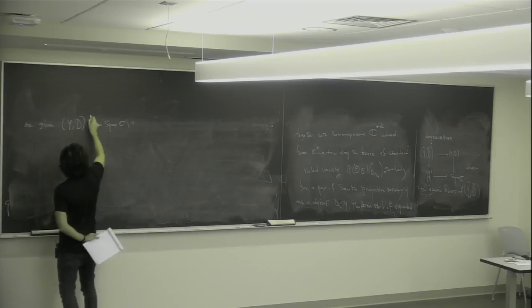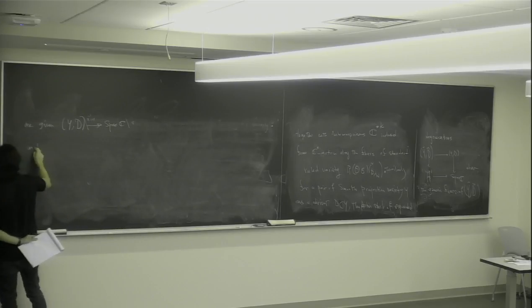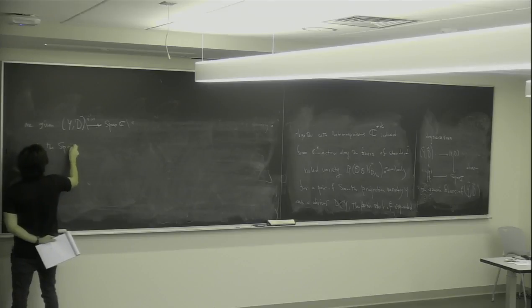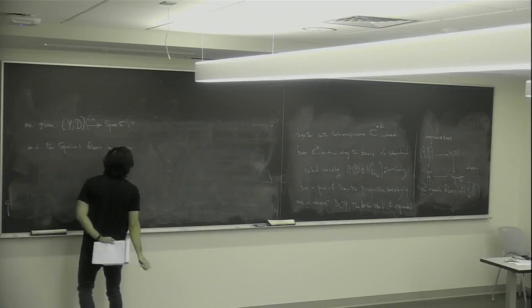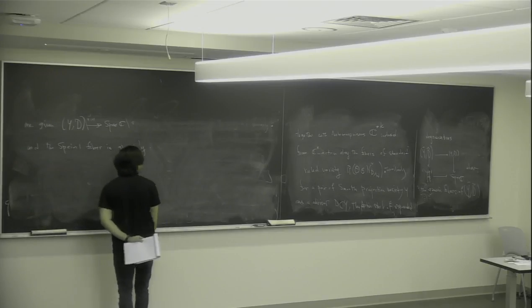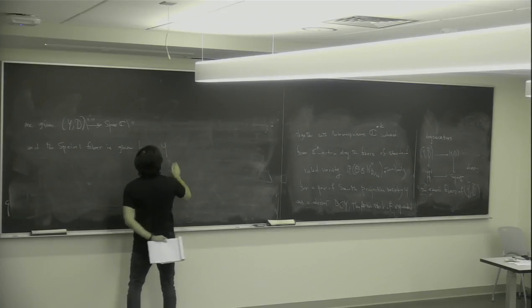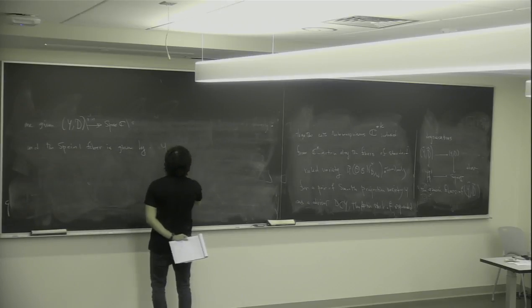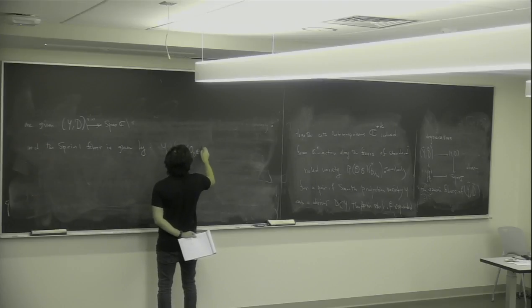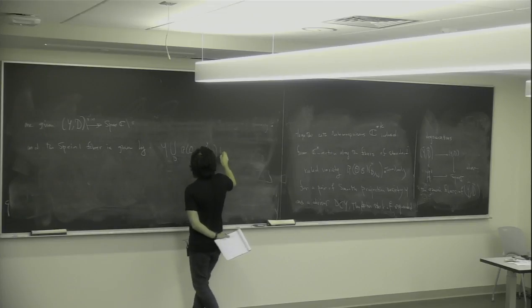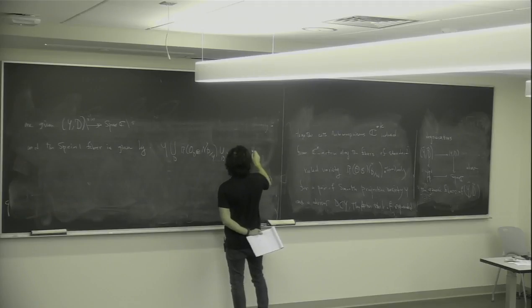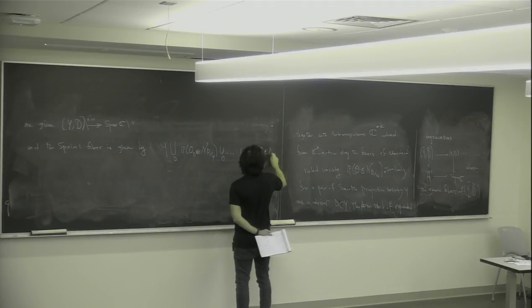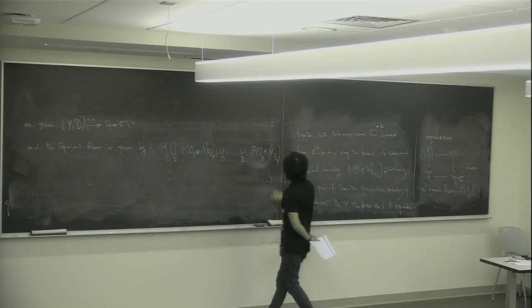I didn't give it a name, but anyways, away from the origin, and the special fiber is given by, so if you have Y, it would be given by Y union the projectivization of the normal bundle over D inside Y, and then that's it.